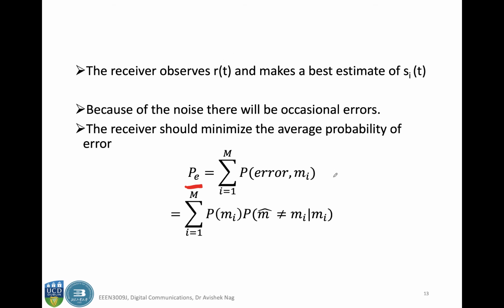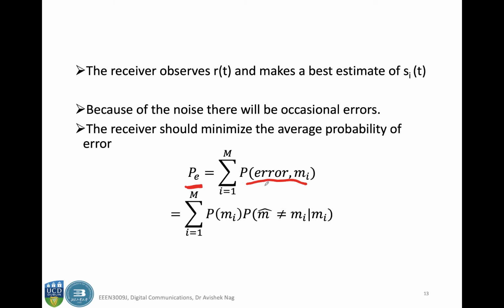And this is given by the sum of the errors due to all the transmitted symbols. So you have I symbols that you are transmitting, and for each transmitted symbol m_i there can be an error. So you have that probability of error when you are transmitting m_i, and you sum that over all values of i.